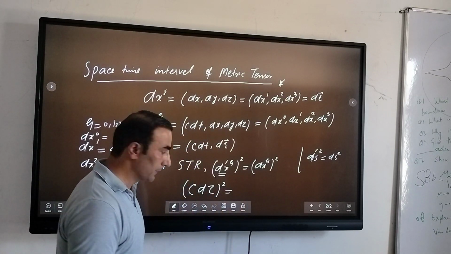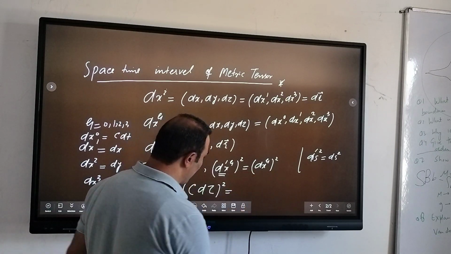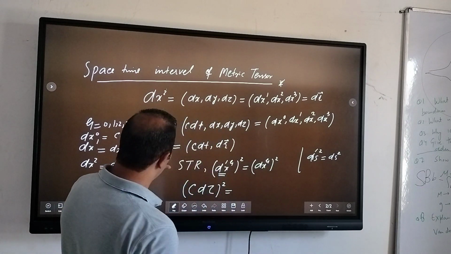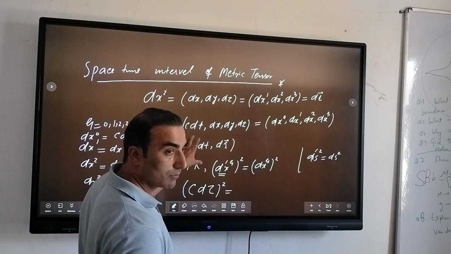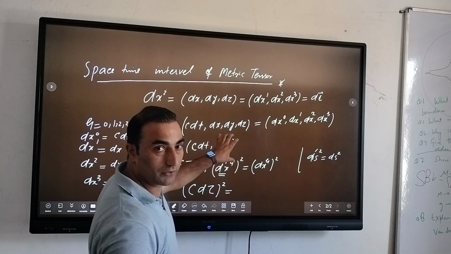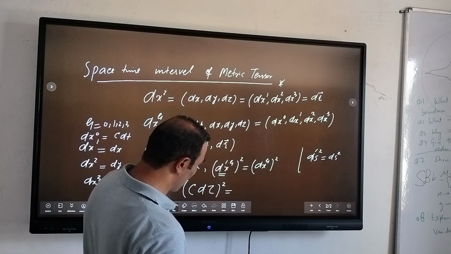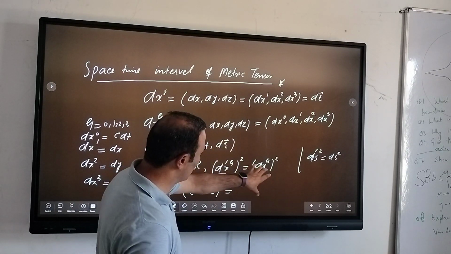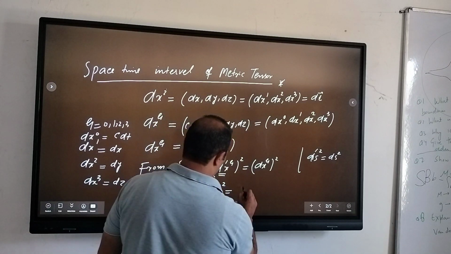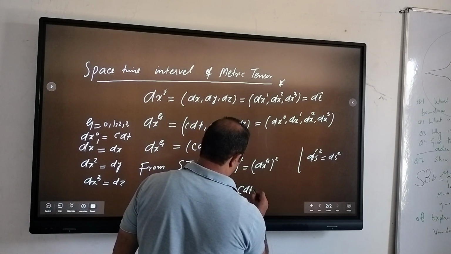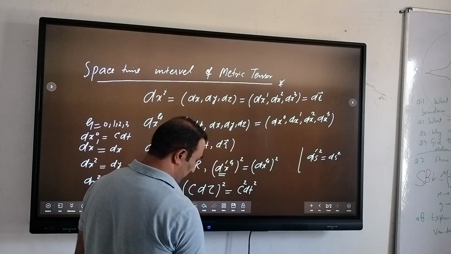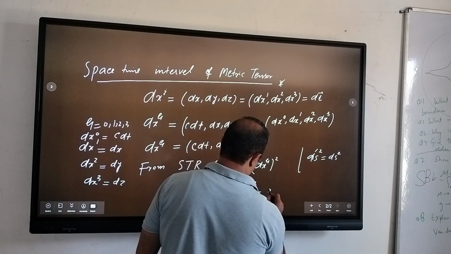And dx^mu squared I can write as the time component plus the space components, so this will be c squared dt squared minus the space terms.